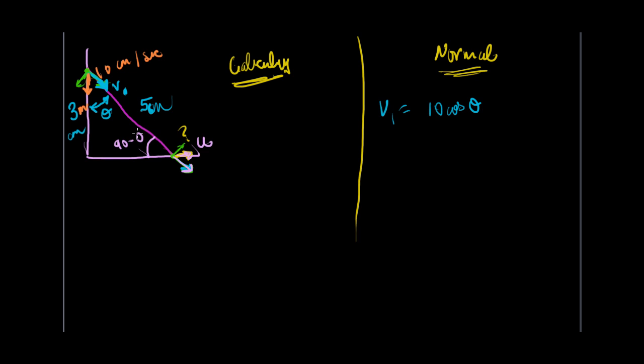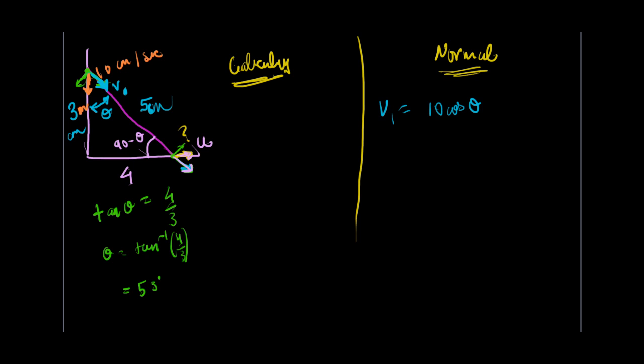90 minus theta. Okay, so now using the Pythagorean theorem, we can say that this side is 4, right? So what is the tangent of theta? It is 4 by 3. So theta is tan inverse of 4 by 3, which comes out to be approximately 53 degrees.